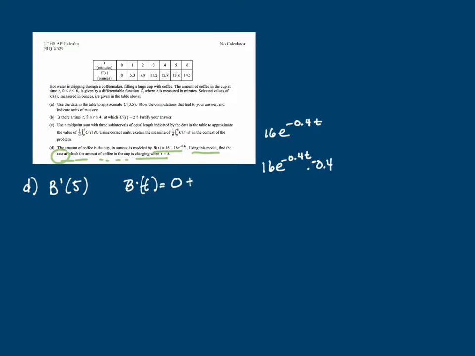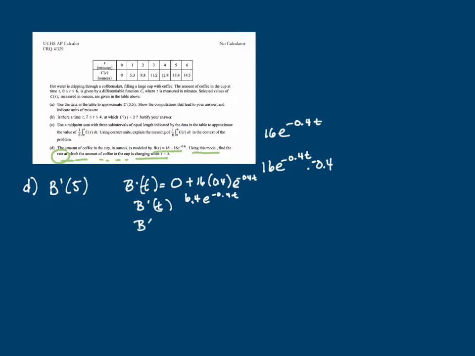So you end up with a plus 16 times 0.4 e to the negative 0.4t. 16 times 0.4 is 6.4 e to the negative 0.4t. So that's b prime of t.